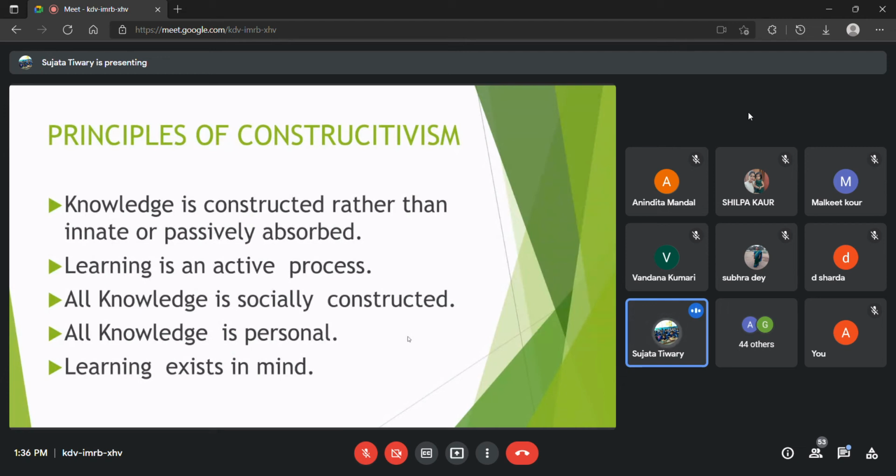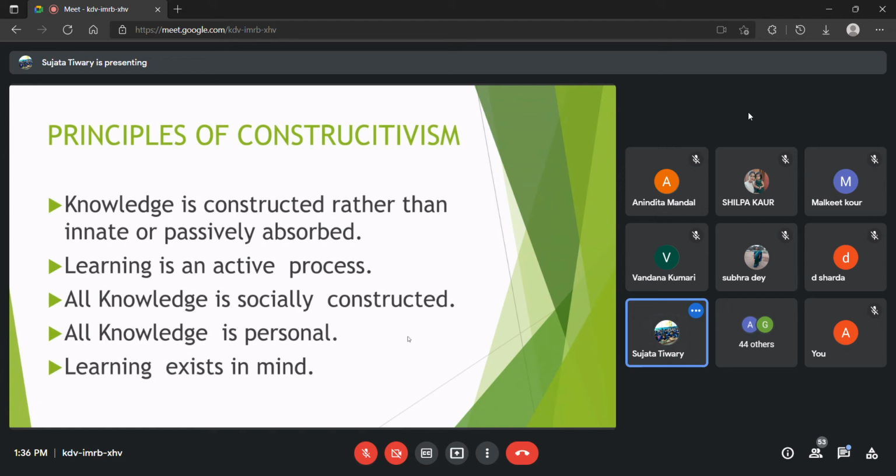All knowledge is socially constructed. It means knowledge is learned in a society, in a group, among peers, through interaction with one another and with others also.